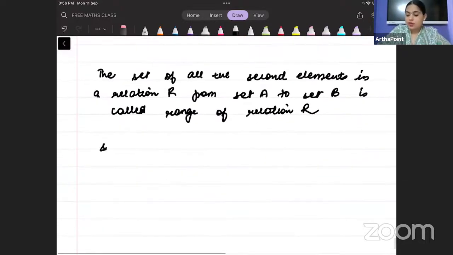Okay, beta, write down: the entire set B is called the codomain.